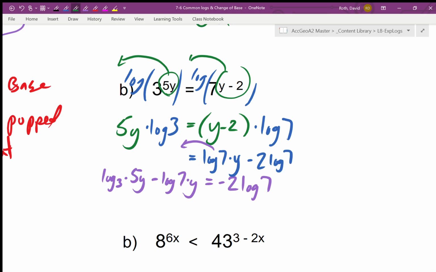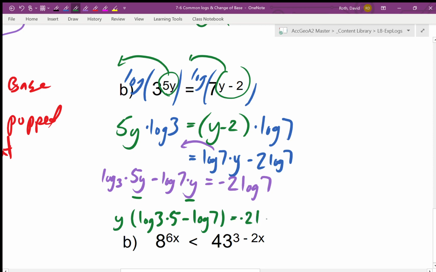Remember GCF? See how there's a y here and here? If I GCF y out front, don't I get y times log of 3, well, that's not log base 3, it looks like log base 3, log of 3 to the 5 minus the log of 7 equals my negative 2 log 7.